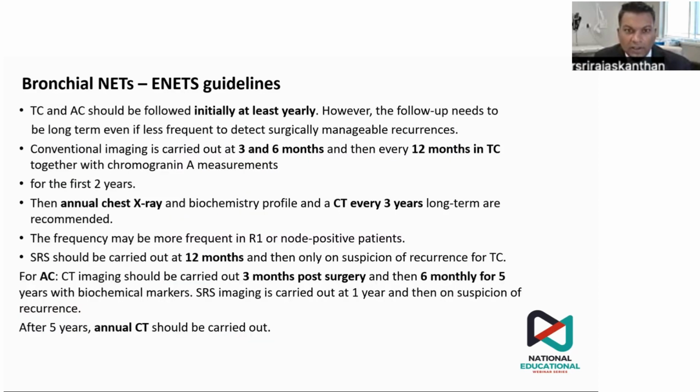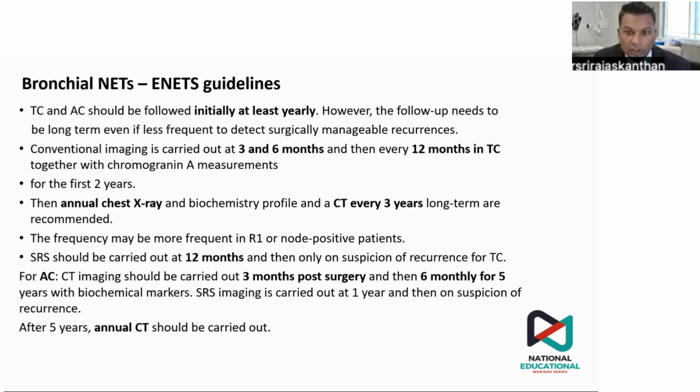So these are the ENETS guidelines, and again, there's a lot of information here, but basically, the key messages are for the typical and atypical bronchial carcinoids, we should be having scans at least yearly, if not more frequently. What they suggest is for the first 2 years that the scans are performed at a 3 to 6 monthly interval, and then annually for the typical.